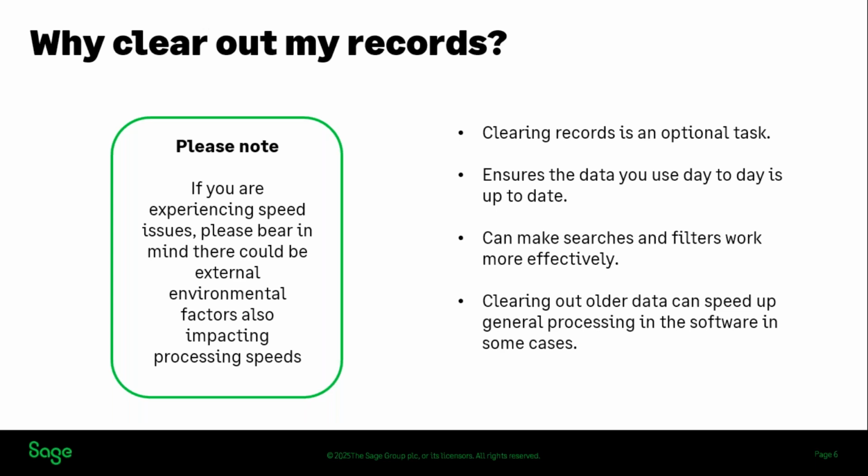As I mentioned, clearing out older data could potentially speed up some general processing in the software in some cases, but I always caveat that with remembering those other things that can also contribute to speed, like antivirus and network speeds. So if you're experiencing speed issues, you might want to look at the size of your data, but please be open to the fact that there could be other causes too.